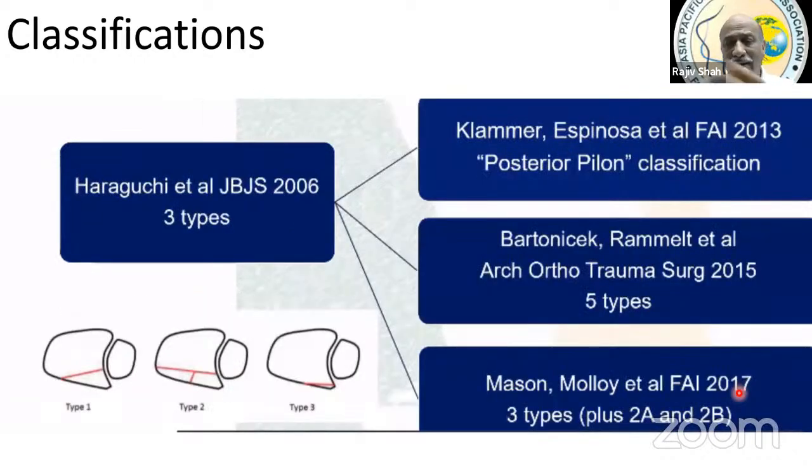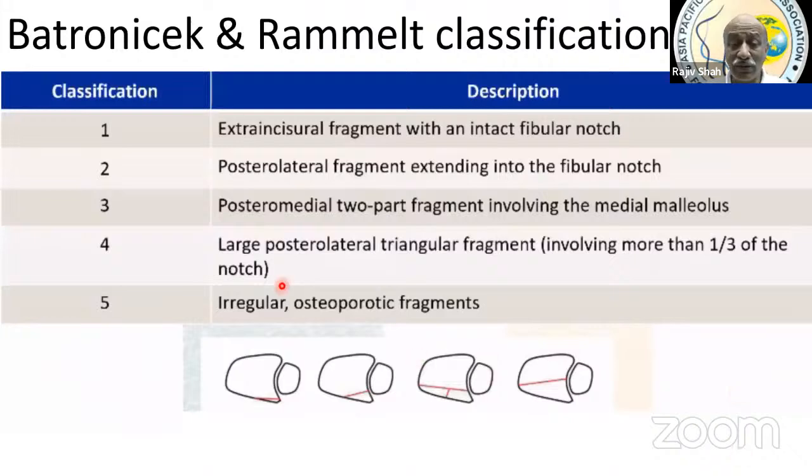And then Clemmer's classification was the posterior pilon classification, which was almost on the same line. But yes, you all said Bartonicek and Rammelt's classification. And then the last one is Mason's classification.